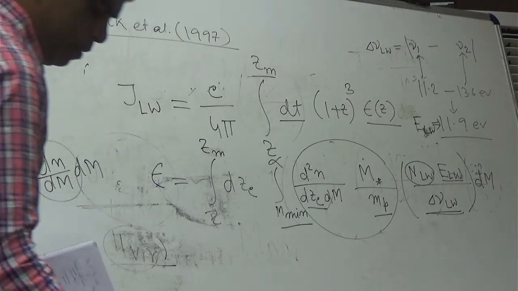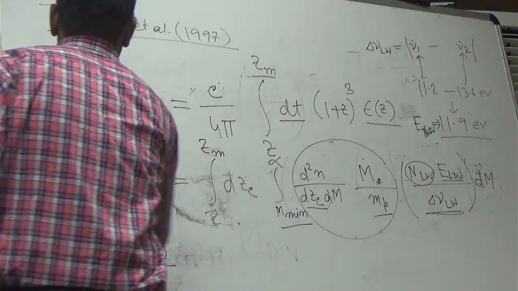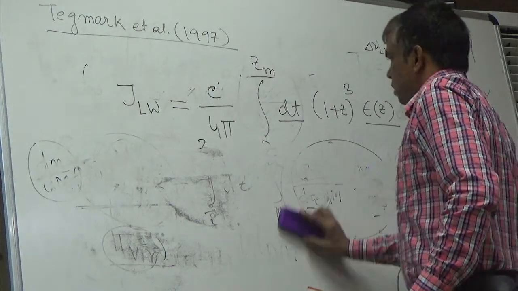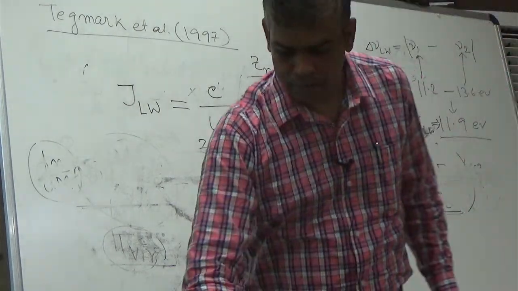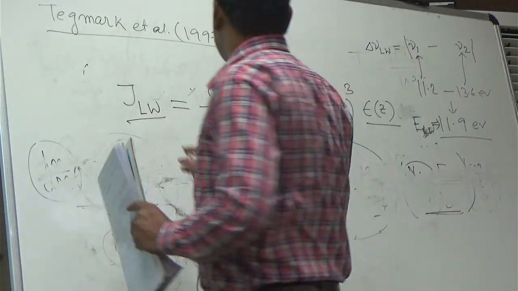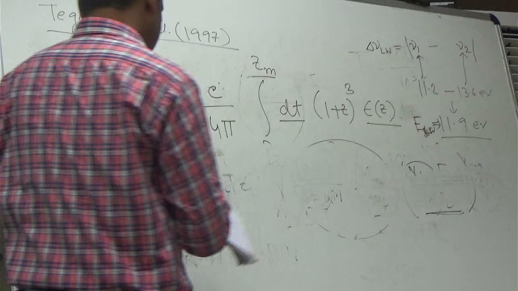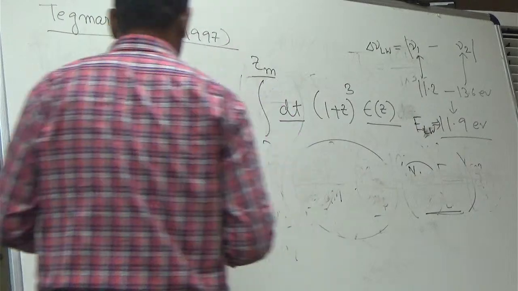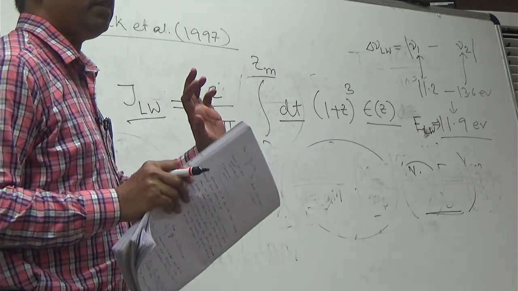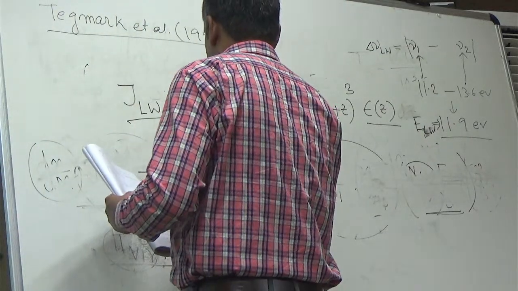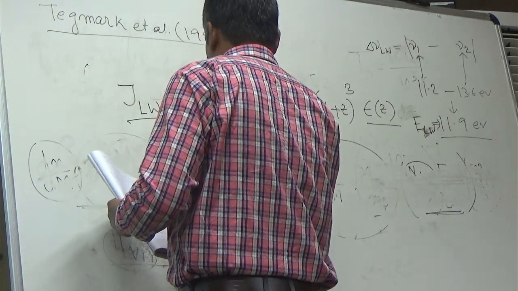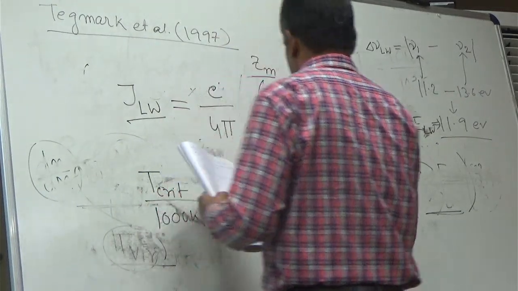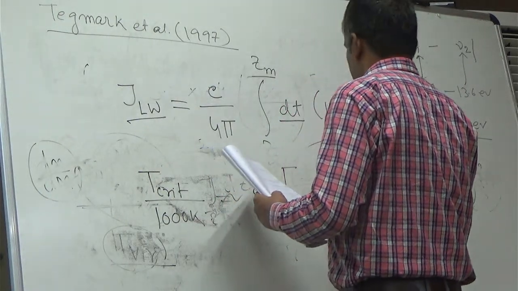Okay. So once you calculate this quantity, you can calculate T critical, the critical virial temperature. T critical divided by 1000, if you calculate precisely, is around 3.6. Again, I am using another formula.